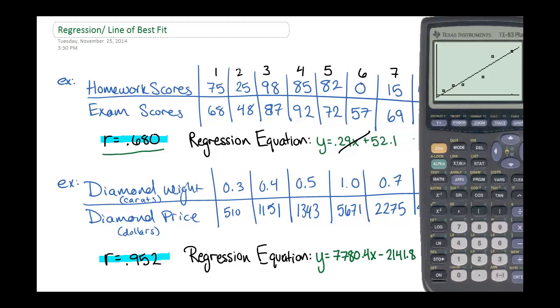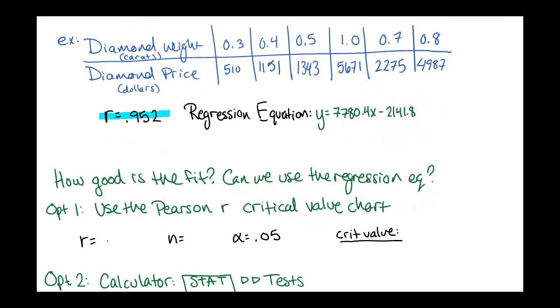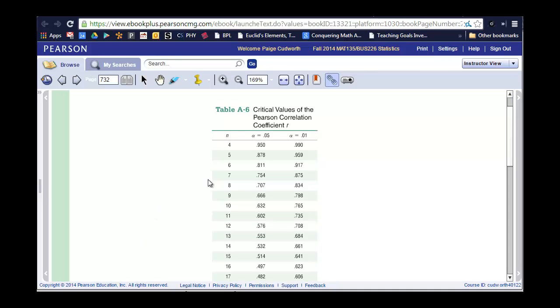But again, we can say, okay, 0.952, this is a pretty decent R value, but is this good enough? So again, using the same method here, we can look at our R value, the n here, there are 6 data points, so that would be 6, and then if we look in the table for n equals 6, and I'll go ahead and use an alpha of 0.05 again, we get 0.811.